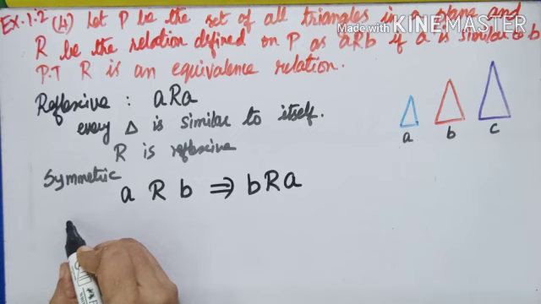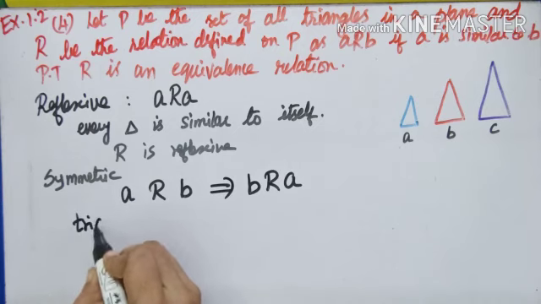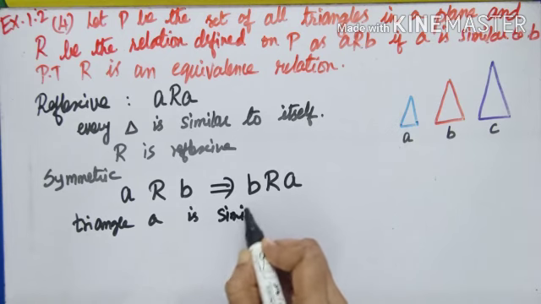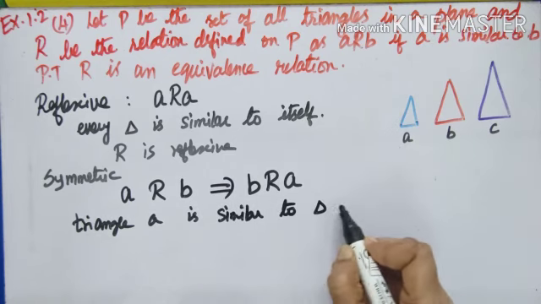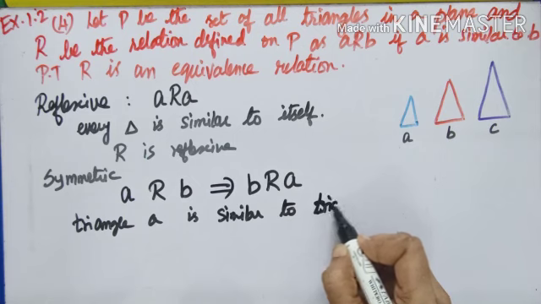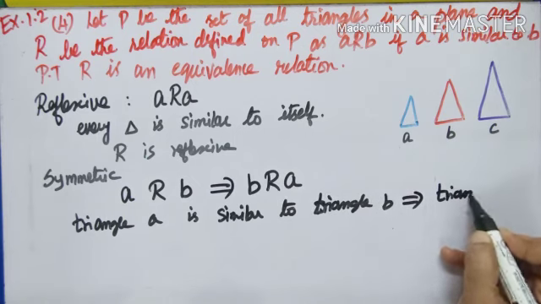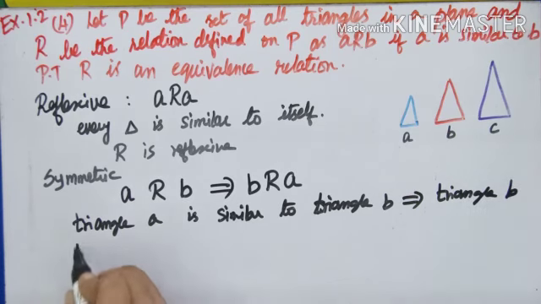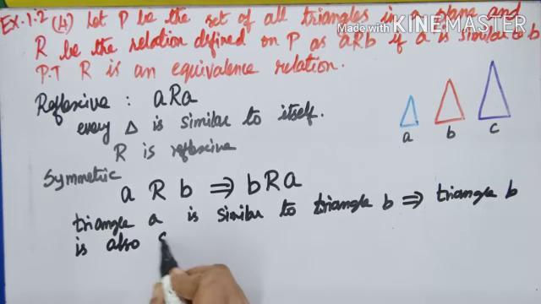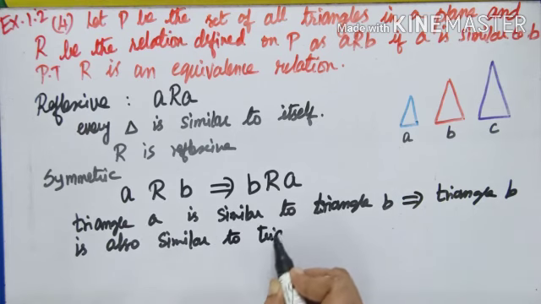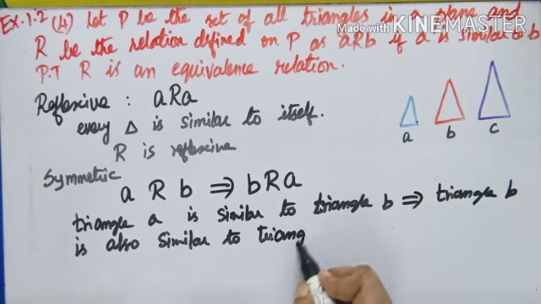Yes, triangle A is similar to triangle B, or we'll write in words, triangle A is similar to triangle B implies triangle B is also similar to triangle A. So we can declare R is symmetric.